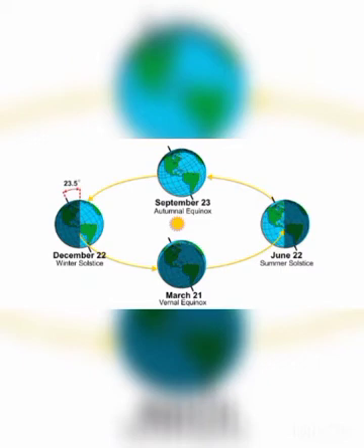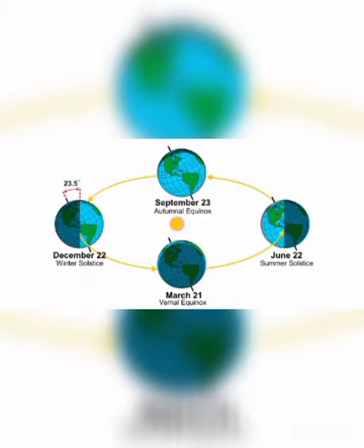Okay, now listen here. The South Pole is angled towards the sun and the North Pole is angled away from it. Thus, the southern hemisphere receives more direct sunlight.